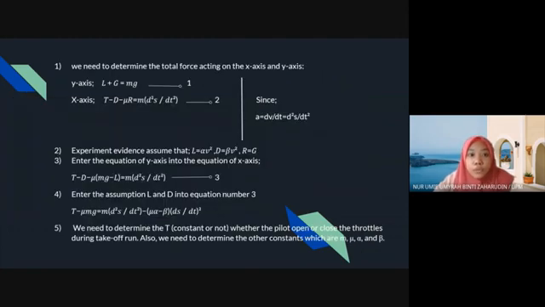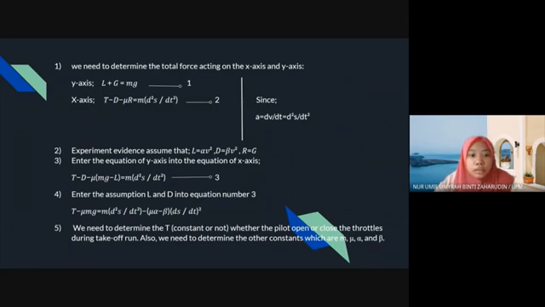First, we need to determine the total force acting on the x and y axes. Second, from this research, I found experimental evidence which assumes that the lift force is proportional to velocity squared, the drag force is proportional to velocity squared, and the ground friction force is proportional to the reaction force of the ground, the normal force, also known as the reaction force at the wheel, at vertical.